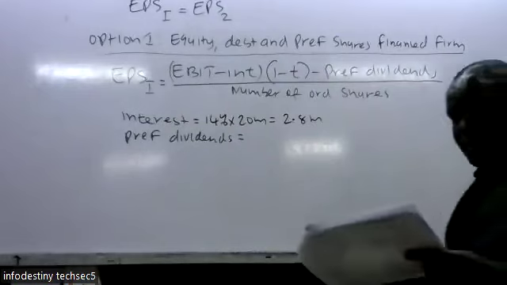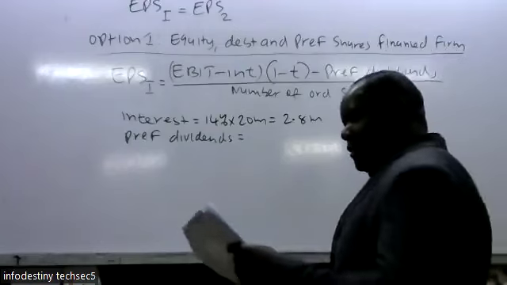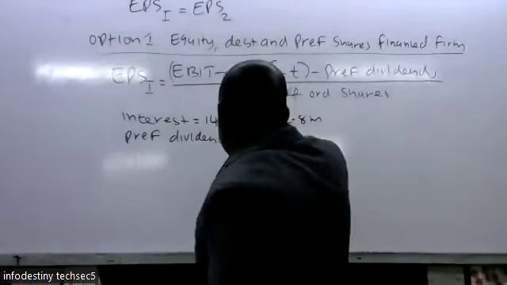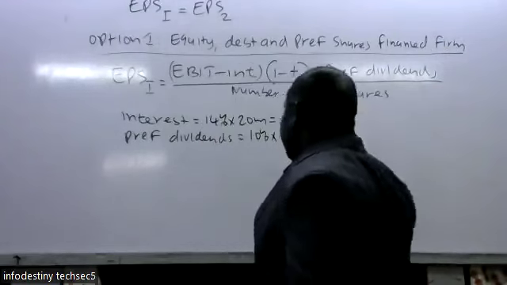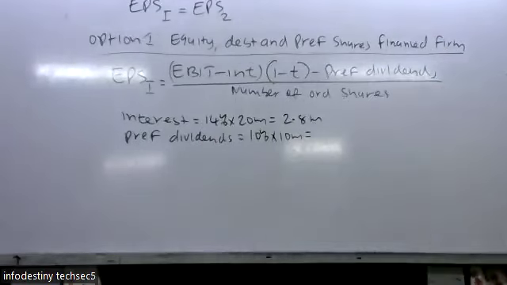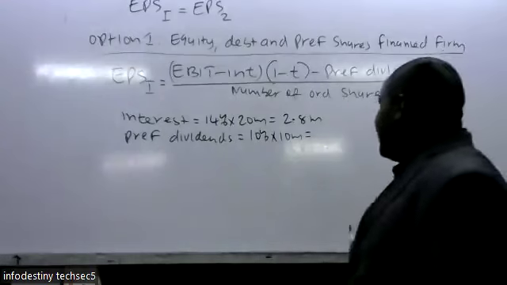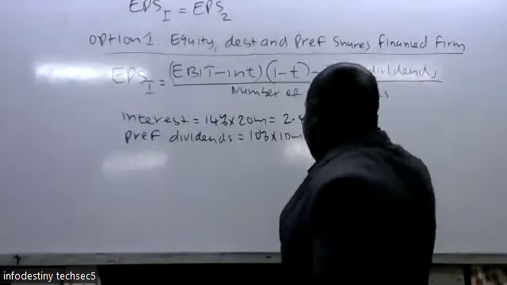Yes, so that total amount is 10 million. So 10% of 10 million will give us 1.